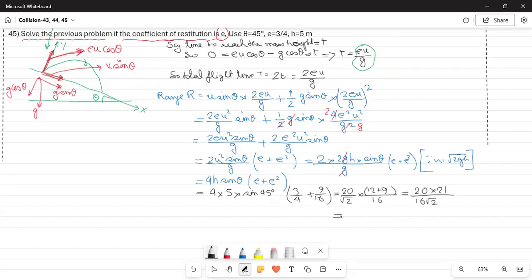Calculate this with your calculator, and we'll find it is 18.56 meters. The answer is 18.56 meters along the inclined plane.